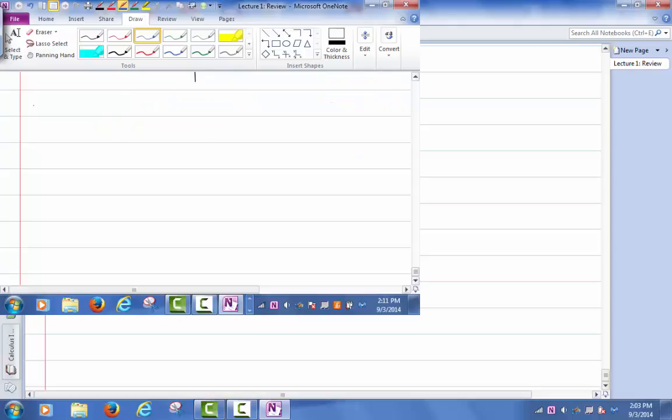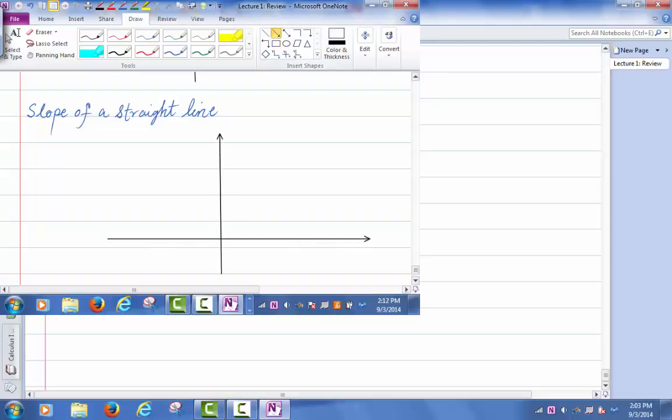The next thing is the slope of a straight line. So what do we mean by slope? Again, let me pick my favorite x-axis and y-axis.